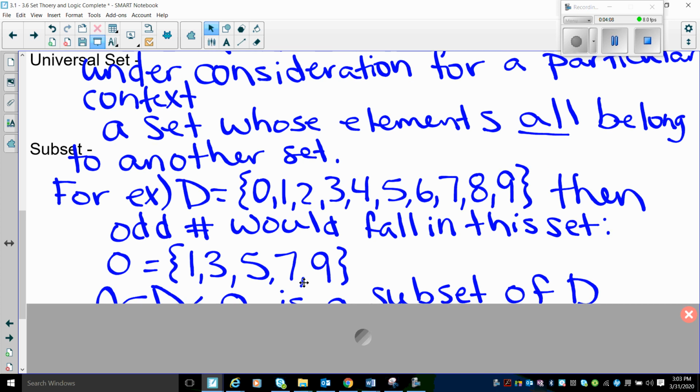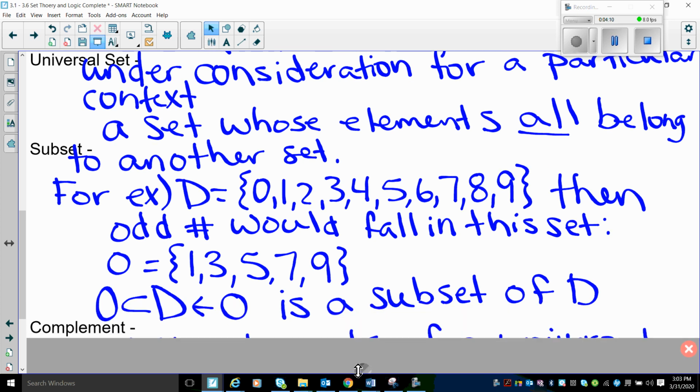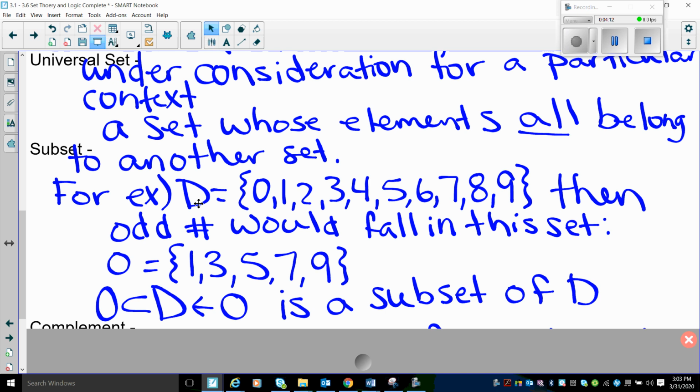For example, I have two sets here. If I said that set D is the numbers 0 to 9, then all odd numbers would fall into this set. So if I said my second set is set O, which would be 1, 3, 5, 7, and 9, those are all the odd numbers from 0 to 9.